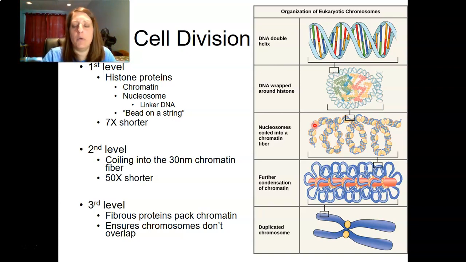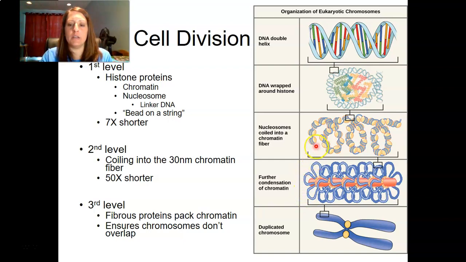Now, when your cell goes to divide, it has to compact and organize that DNA even further. So this second level is the beginning of forming that tightly coiled and compact chromosome. We have further condensation. It's coiling into what we call the 30 nanometer chromatin fiber, and that's what's shown down in box 1, 2, 3, 4 of this figure.